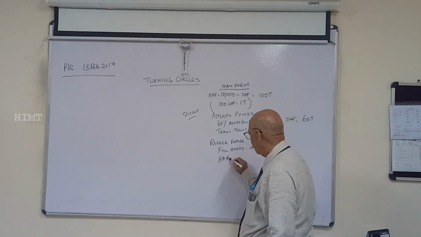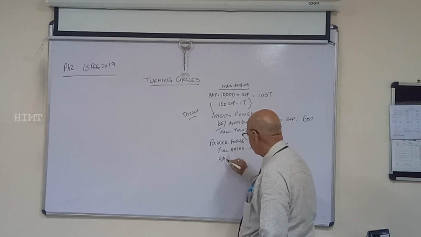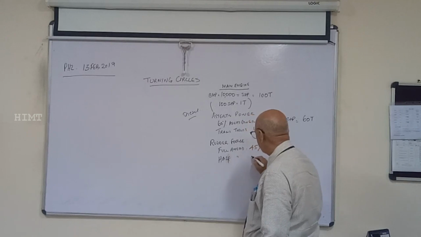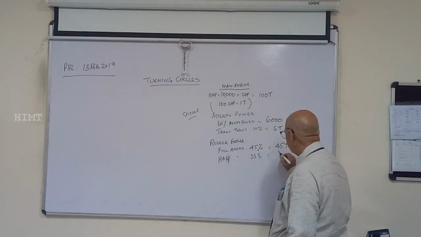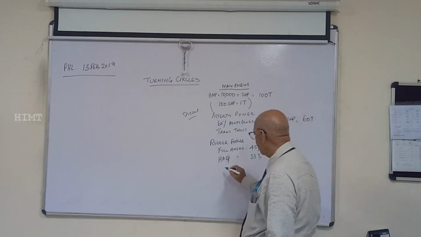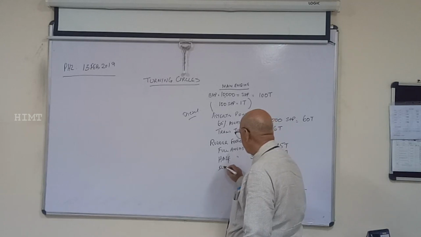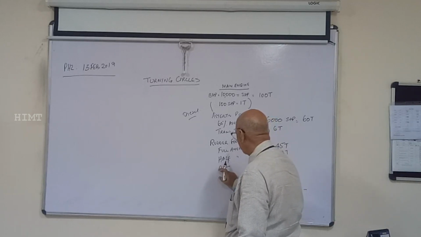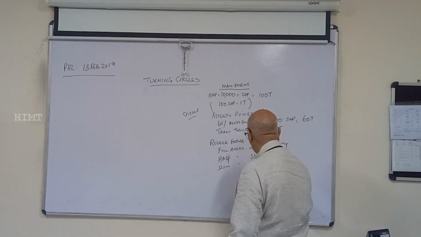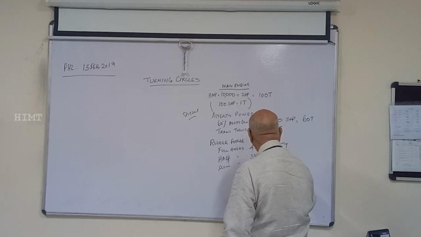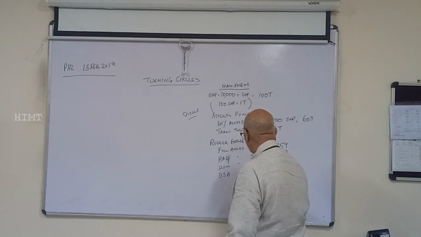At half ahead, around 50% of that, and slow ahead 2%, 2 tons, and dead slow ahead.